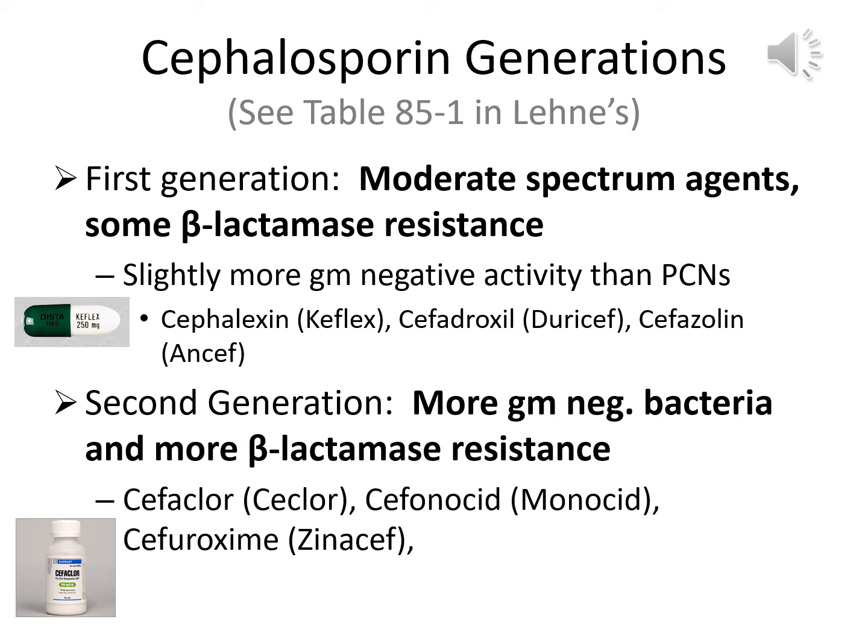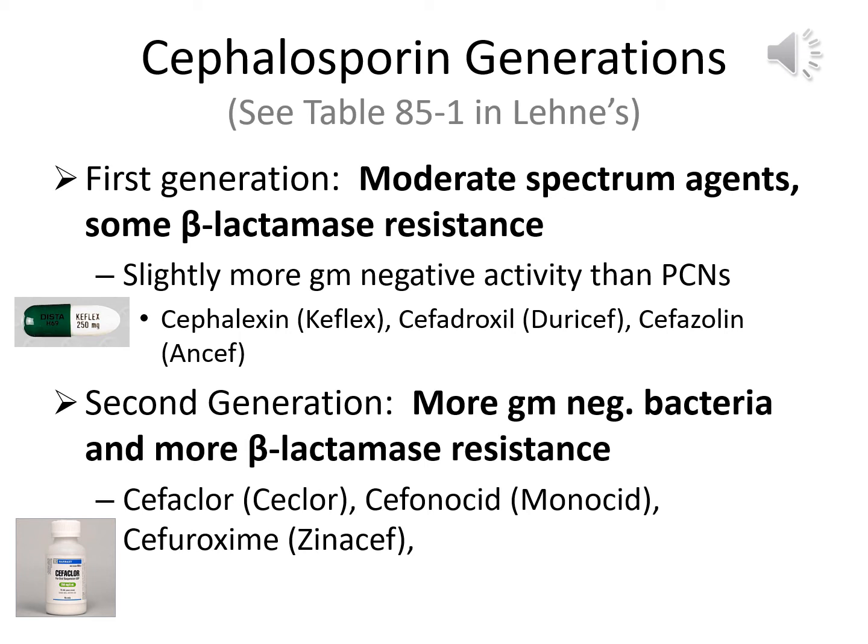As we move in generations, I'm going to generally tell you how they work. First generations have increasing activity against gram-negative anaerobes specifically. In our second generation, we start getting better beta-lactamase resistance. We get a little bit more gram-negative coverage, and we also have more beta-lactamase resistance.